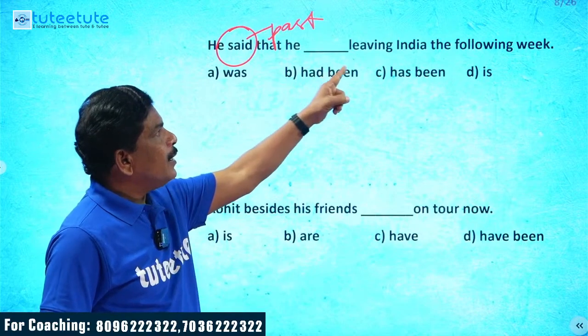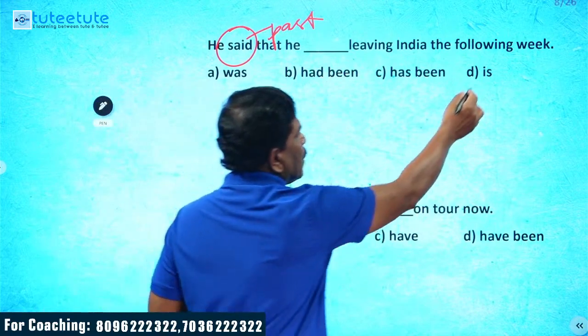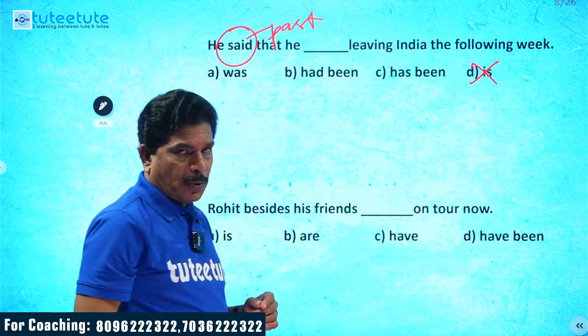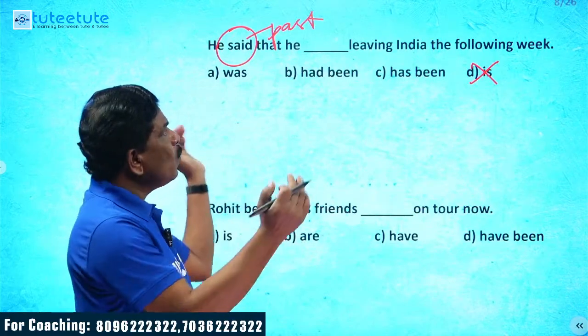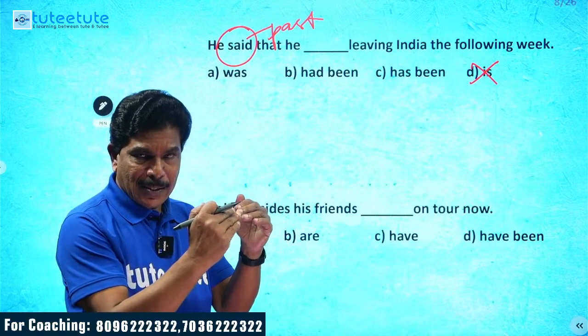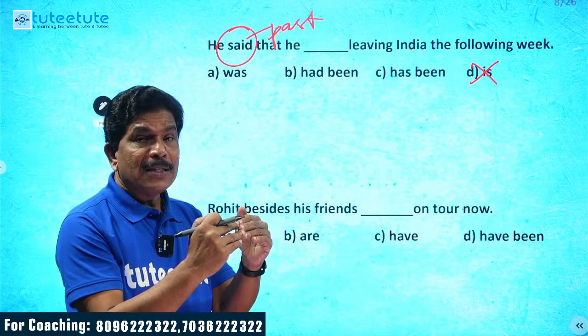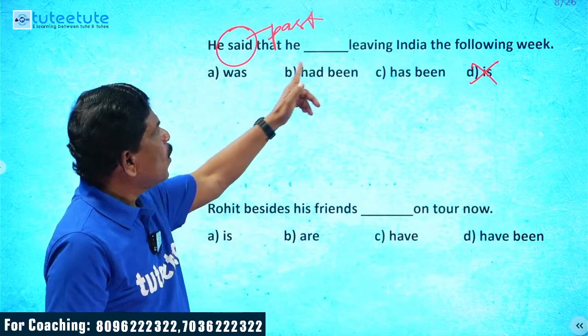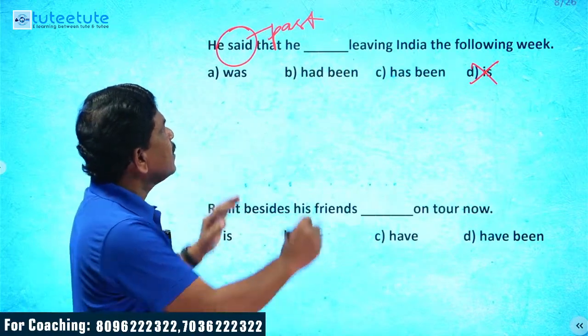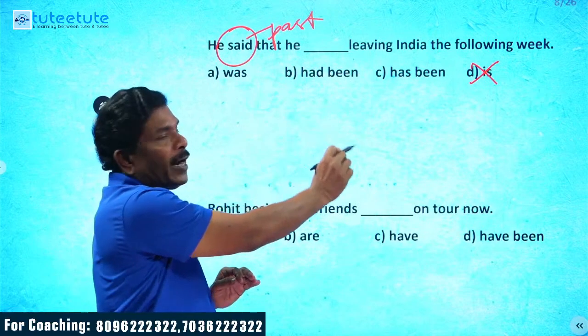Okay, then he is wrong because that is present. There is no sequence of tense. While combining these sentences together, we must keep the sequence of tenses. So, leaving India the following week, he was or had been.